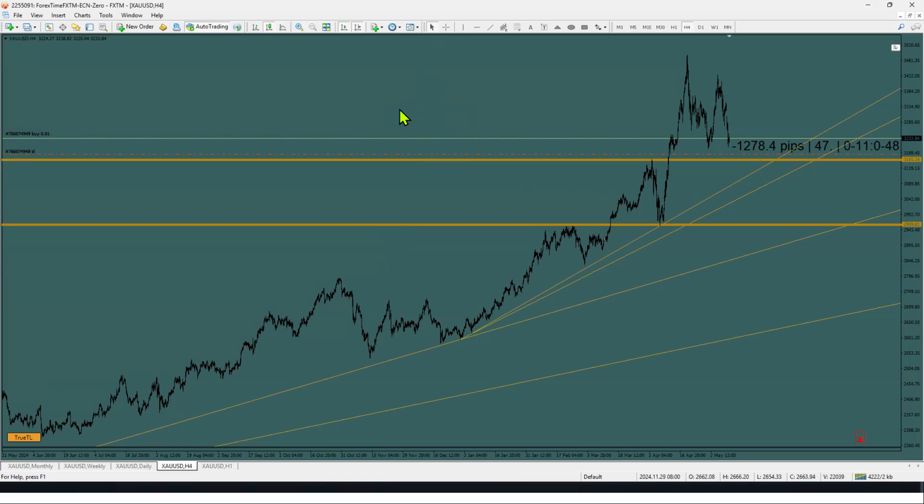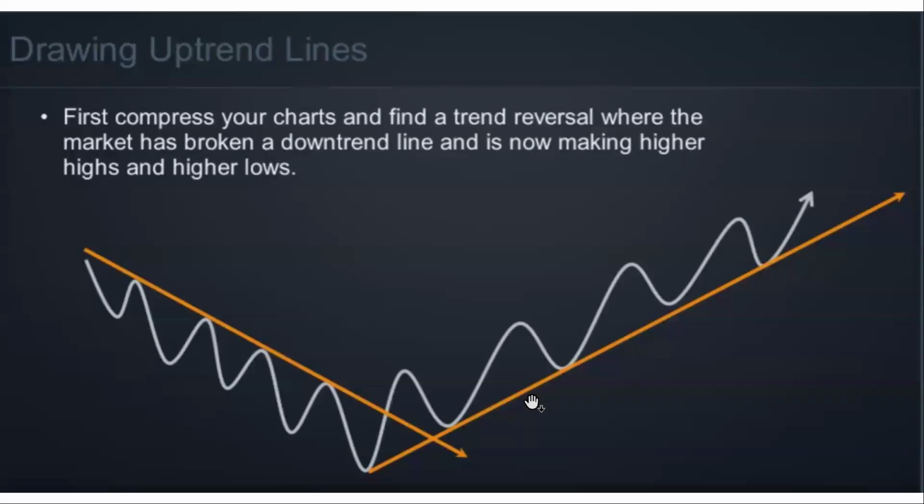So basically, what we are doing here is the same thing for downtrend and uptrend. But now, one thing you also need to know is how a new trend starts. The market has been in a downtrend, and then eventually the downtrend line got broken.